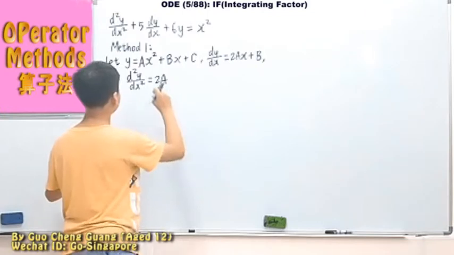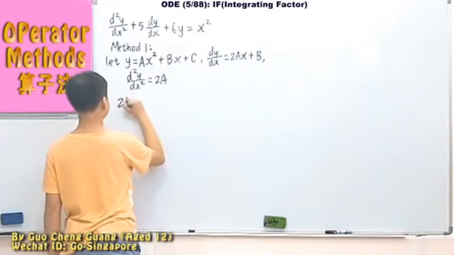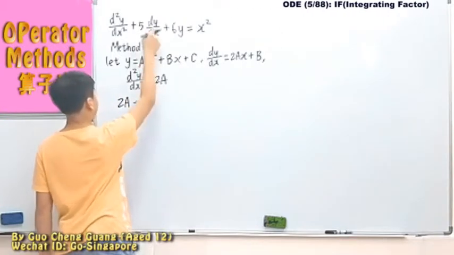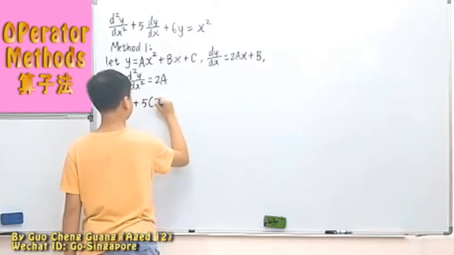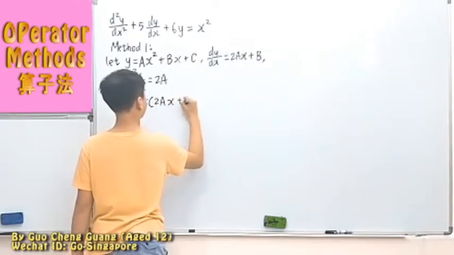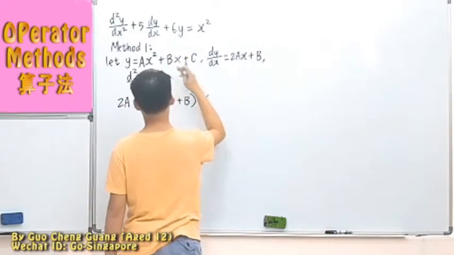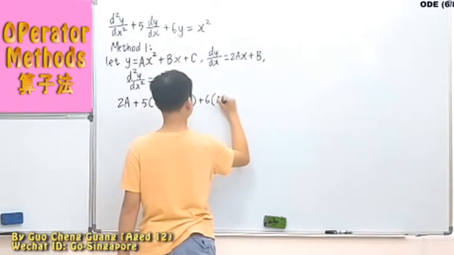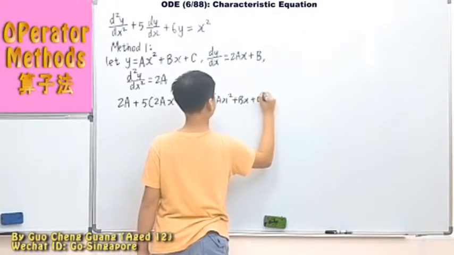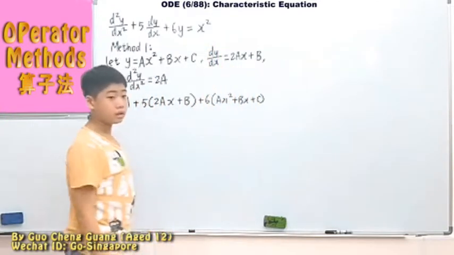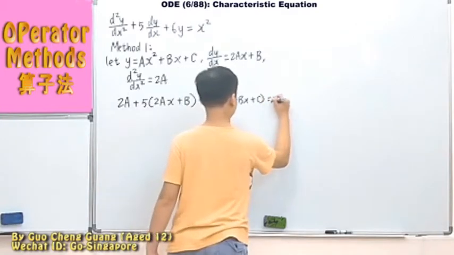Now you sum all of these back in. The first part is 2a, plus 5 times the first derivative, plus 6 times y, and this is equal to x squared.